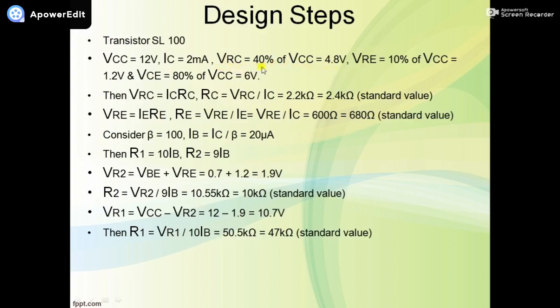We should follow: 40% of VCC is VRC, 10% of VCC is VRE, and 80% of VCC is VCE. So we are getting VRC as 4.8 volt, VRE as 1.2 volt and VCE as 9.6 volt when we consider VCC equal to 12 volt.